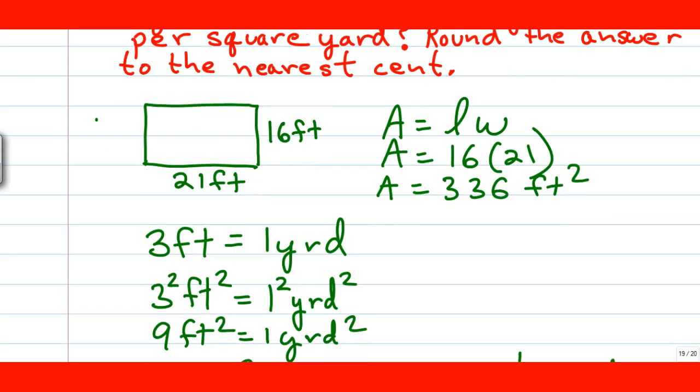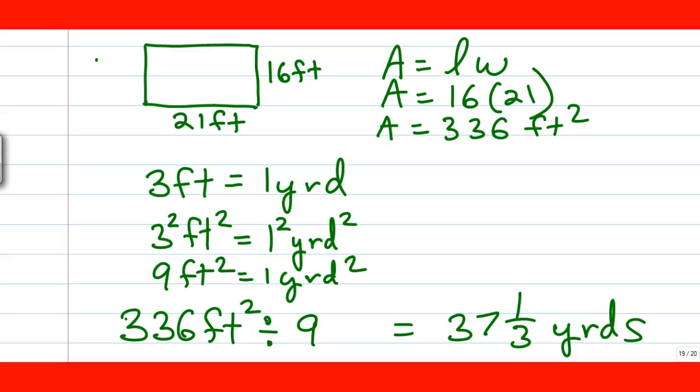Well, we want to calculate the price now. However, we're running into a little bit of a snag. The price is given to us per square yard. So we're going to have to do some conversions of units here. We know that 3 feet is equal to 1 yard if we're just measuring a length. But this time we're measuring an area. So that means squared.